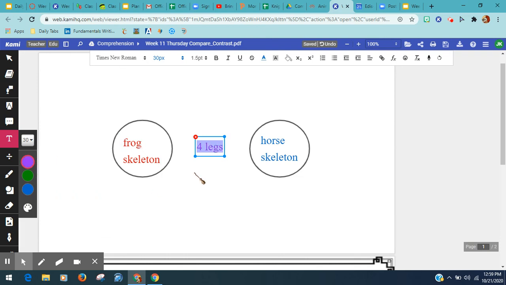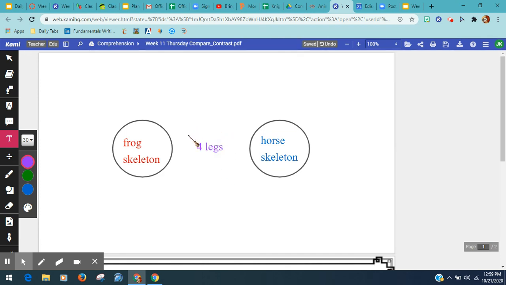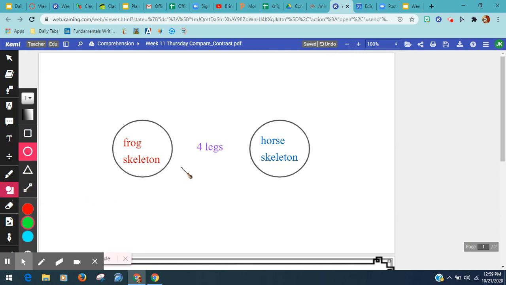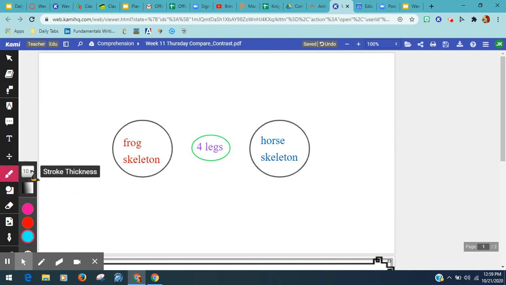It's true for the frog and it's true for the horse. Now you don't have to use purple, just use your pencil and write 4 legs between both bubbles. Then we're going to create a circle around it. There we go. I can use my paintbrush, although I want to change my stroke thickness. 2 is fine. And I'm going to connect that to the frog skeleton and the horse skeleton. It's true for both.